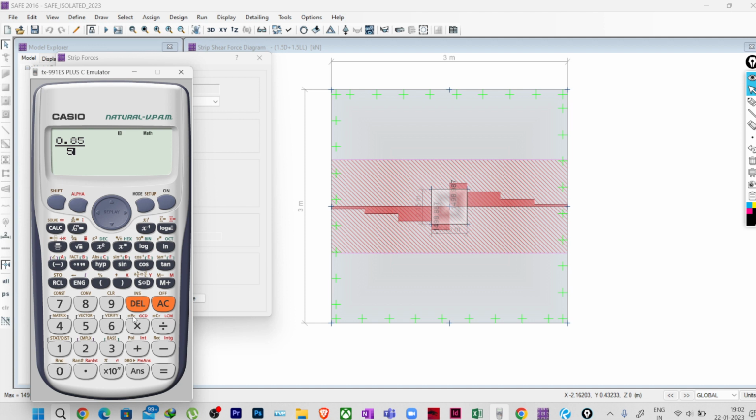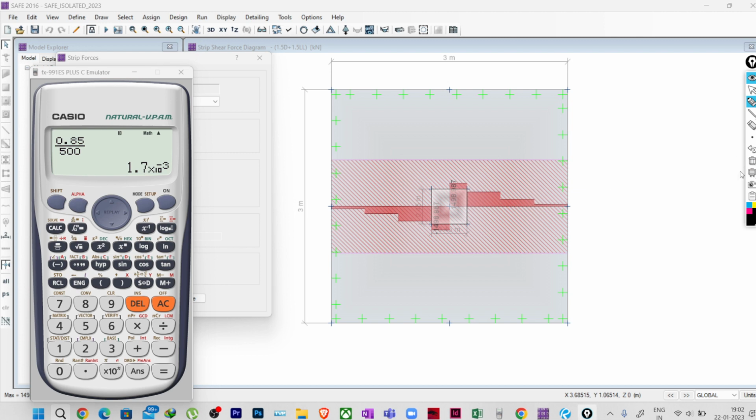Suppose for our case the fy will be 500 grade, multiplied by b into d, that will give you the area. But we do not need area, we need only the percentage. So we can directly get 0.85 by 500, which is 0.17%. 0.17% is the minimum percentage of reinforcement we need to provide in any beam, for tension.